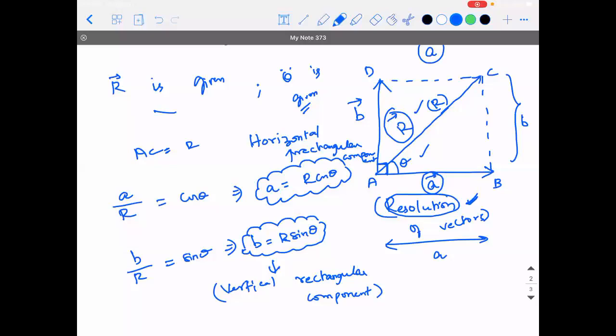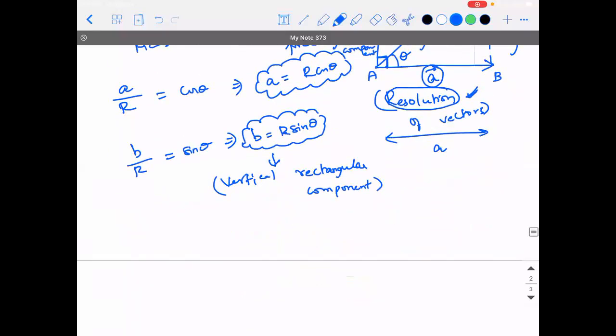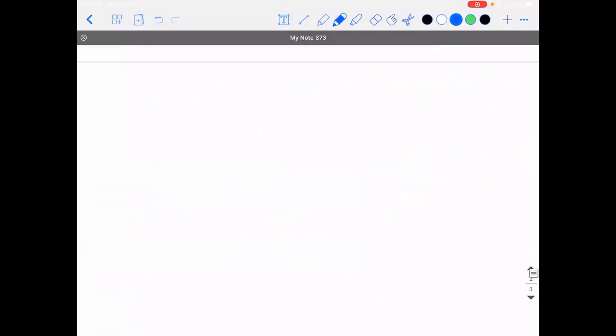Okay. Now see, I repeat it again. Listen. If this is r vector, and this angle is theta, then I told you it can be resolved into two perpendicular components, right?